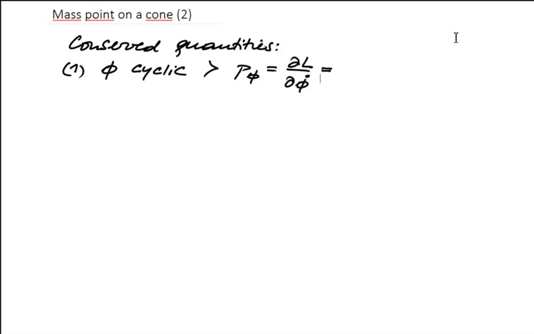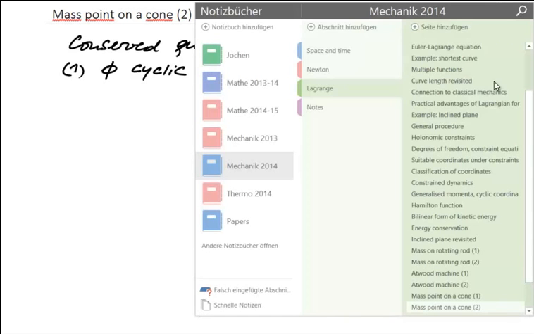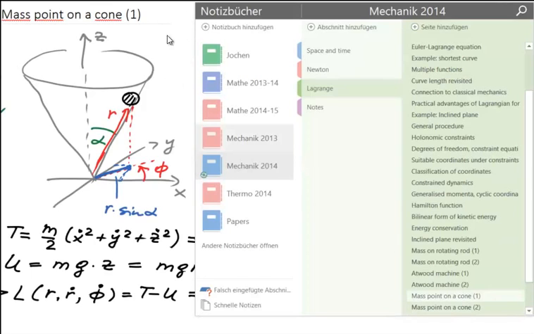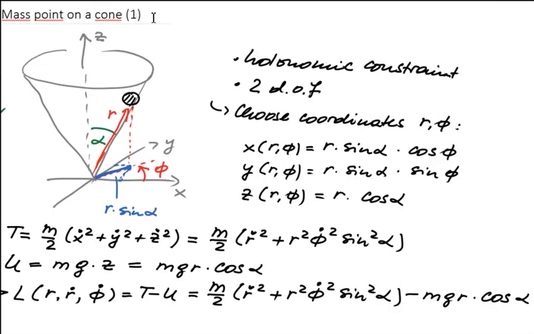As you remember, in the Lagrange function, the phi dot entered in a term that had the form m over 2 times r squared phi dot squared sine squared alpha. Let me show it to you down in the last line. You see in the kinetic term there's the phi dot squared.